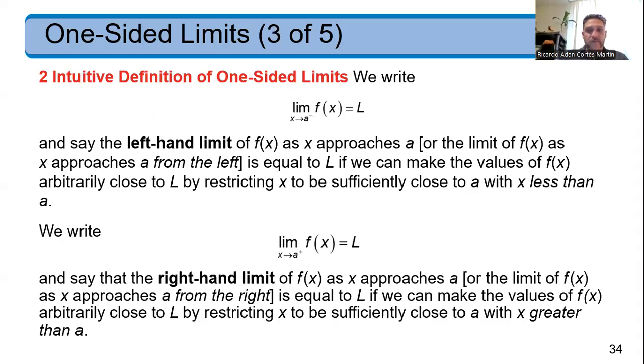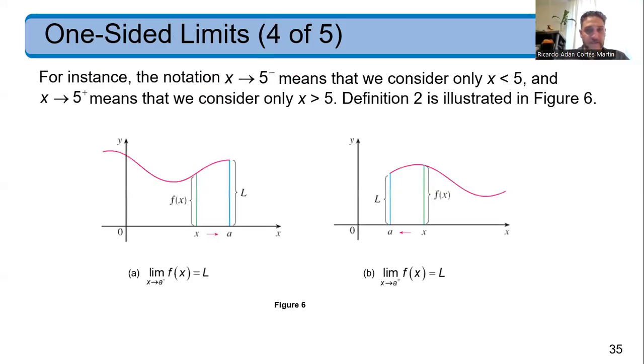Okay, another way to write it is like the limit of f of x when x tends to a from the left is L, no? And similarly, when we are talking about a right-hand limit, we say that the limit of f of x as x approaches a plus is L, okay? So those are the one-sided limits.